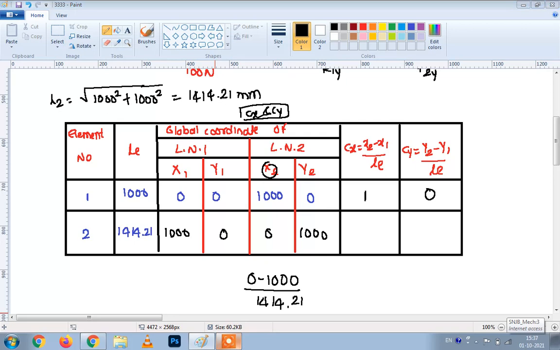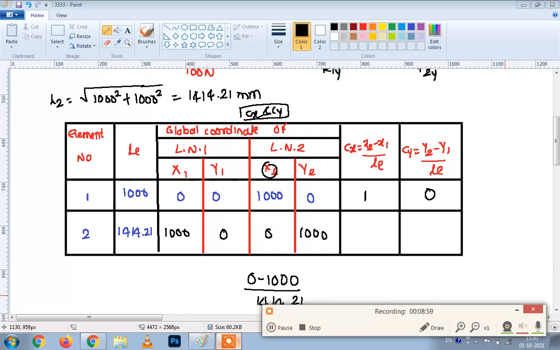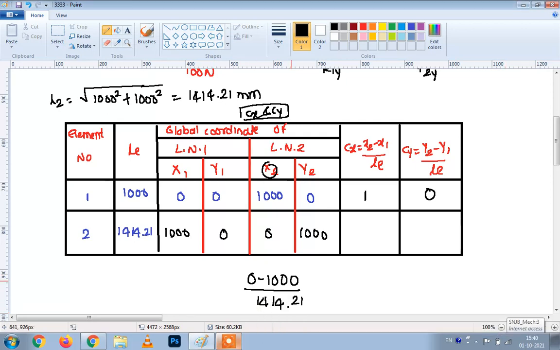So 1000 divided by 1414.21 becomes 0.70, and with the sign it becomes minus 0.70.